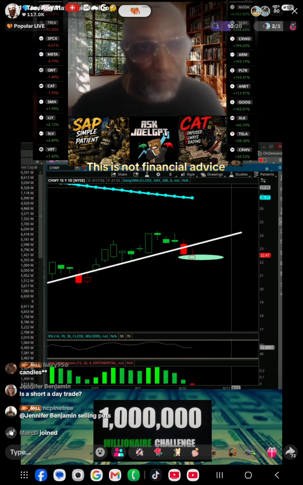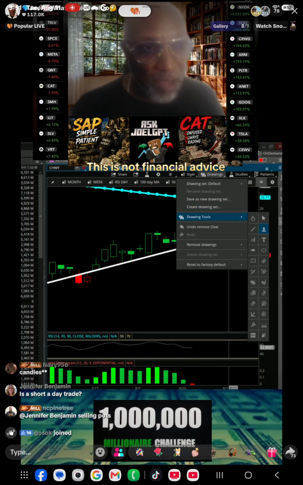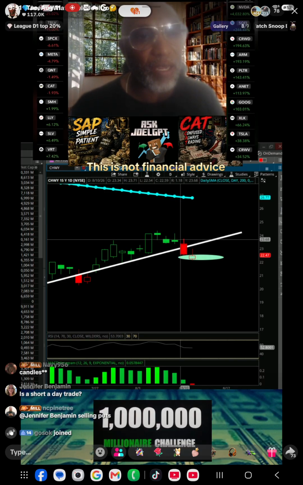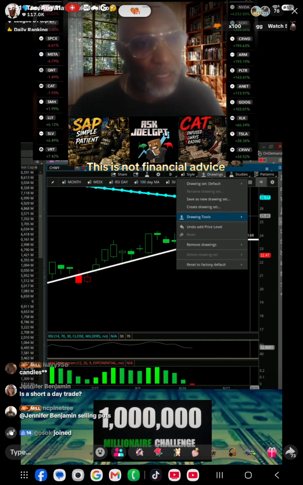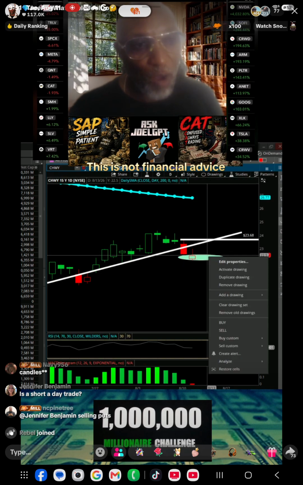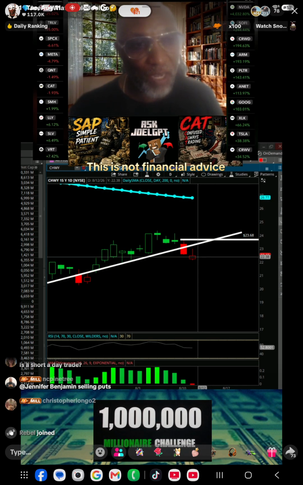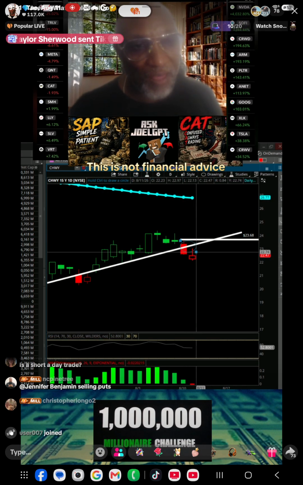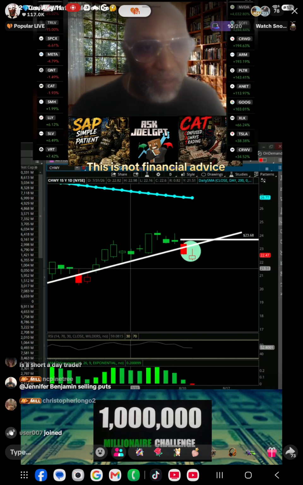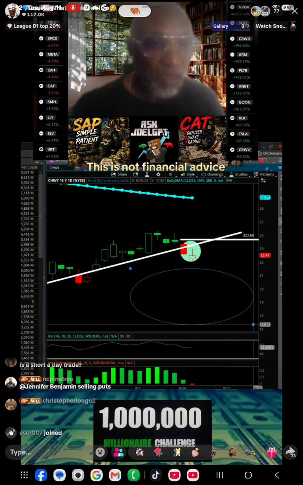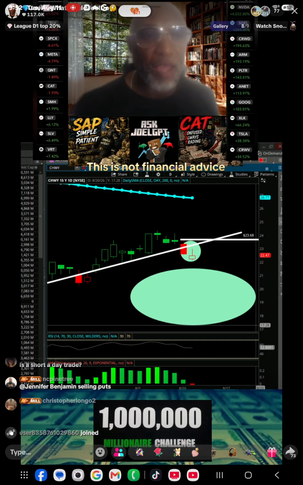If it breaks back above this candle right here, you get out. Here's my stop right there. I'm going to risk this amount of money to make this amount of money. My reward is way bigger than my risk.